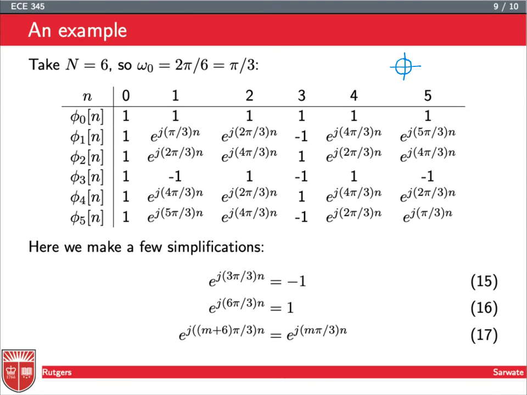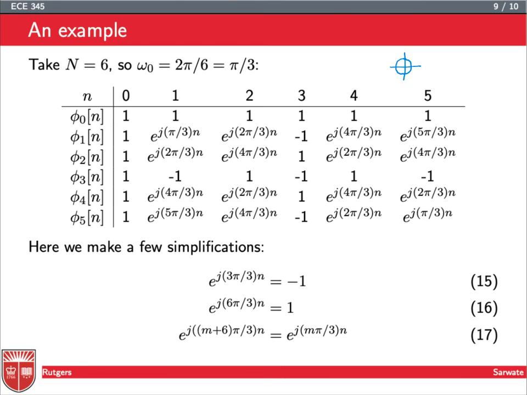And then in phi 2, we're going to do jumps by 2. So it's going to be k equal to 2. So we're going to do 2 pi over 3, then 4 pi over 3, then 6 pi over 3, which is 2 pi, and then 8 pi over 3, and 10 pi over 3. And for phi 3, we're going to multiply by multiples of 3.